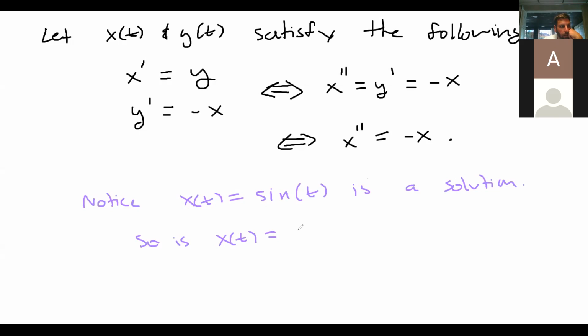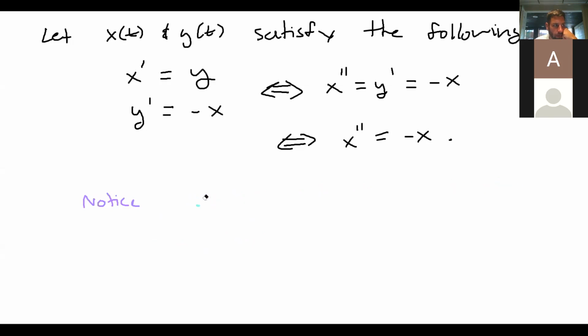Let me rephrase it so I'll be more clear. Remember, we're initially solving a system. So notice x of t equals sine of t, y of t equals cosine of t is a solution.